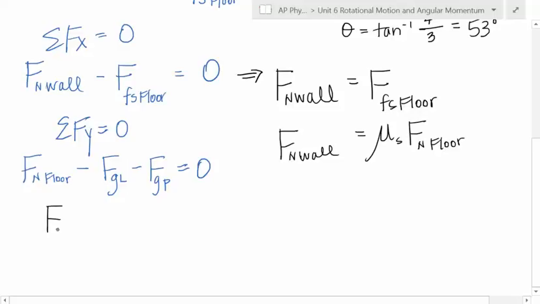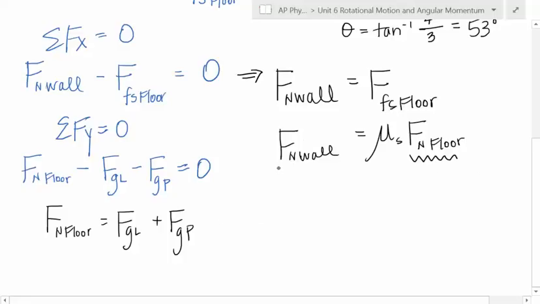Does the normal force that the floor applies to the ladder equal the weight of the ladder plus the weight of the painter? And we have those things. So look, that is this portion of my equation.